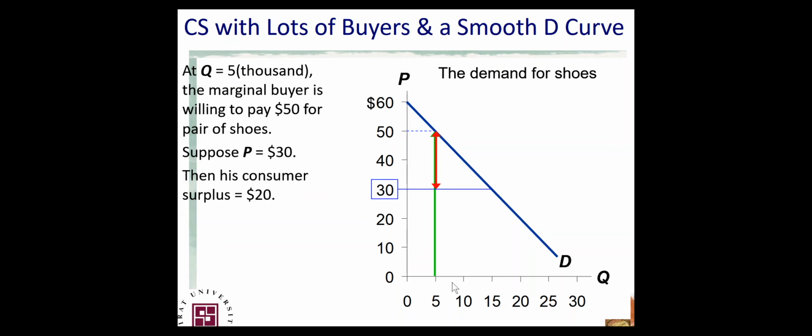So those who are demanding, they demand around 5,000 pairs of shoes, and what will happen if the price is 30? Now here we can calculate the consumer surplus. We have the willingness to pay and the actual price. The willingness to pay is 50 for the accumulated 5,000 demanded, and the actual price is 30. So you can see it.